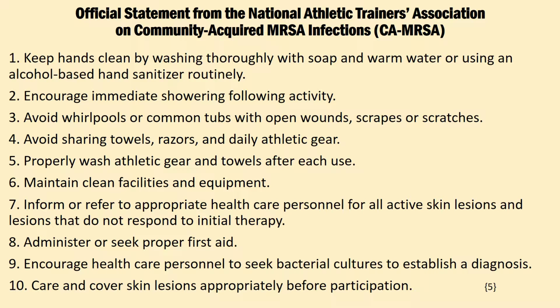Keep hands clean by washing thoroughly with soap and warm water or using an alcohol-based hand sanitizer routinely. Encourage immediate showering following activities. Avoid whirlpools or common tubs with open wounds, scrapes, or scratches. Avoid sharing towels, razors, and daily athletic gear.